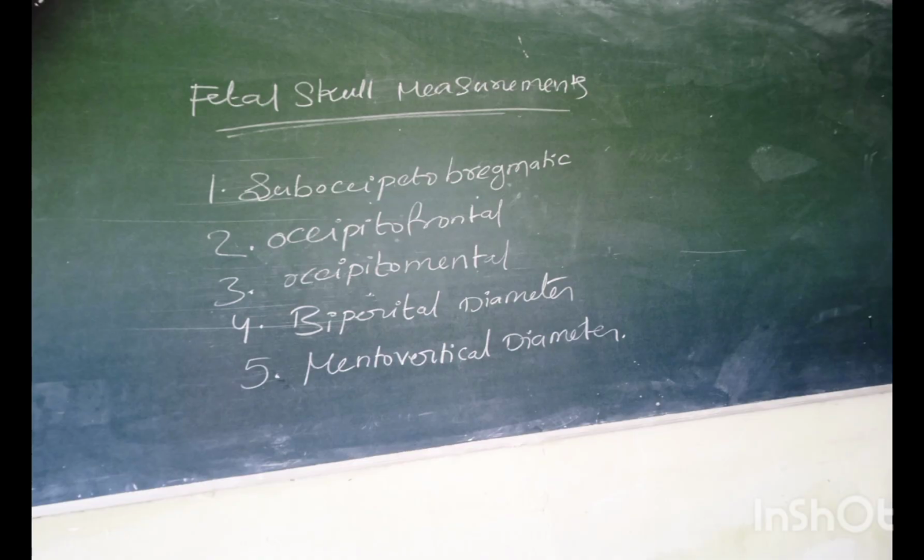Now let us see the very important part of this explanation, the fetal skull measurements. These fetal skull measurements are very important even for your clinical examination. So let us see how many measurements there are in the fetal skull. First one is the suboccipito-bregmatic diameter, occipito-frontal diameter, occipito-mental diameter, biparietal diameter, mento-vertical diameter and submento-vertical diameter.